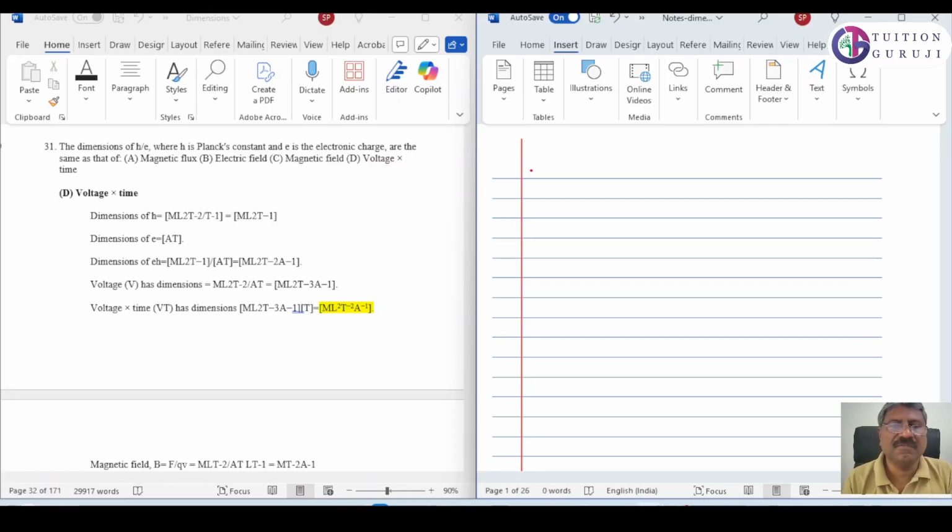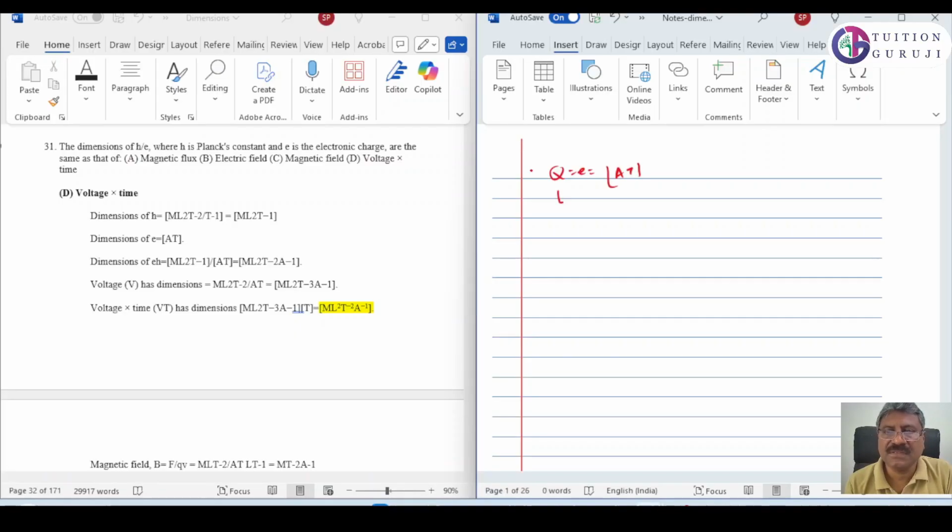The dimensions of H by E, where H is the Planck's constant and E is the electronic charge, are the same as that of magnetic flux, electric field, and voltage into time. Now let us see. H is Planck's constant, E is charge. We know Q is equal to E, charge is equal to AT. No doubt in that.